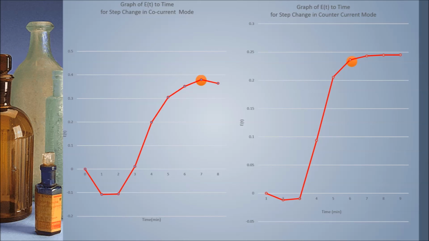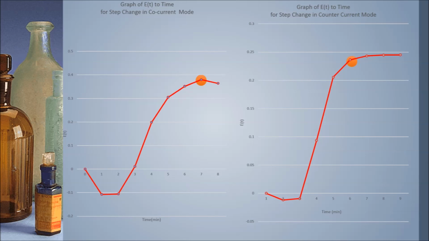However, it shows that the counter current took less time to mix among the reactants than the co-current mode. In other words, the efficiency of mixing in counter current mode is higher than in co-current mode.